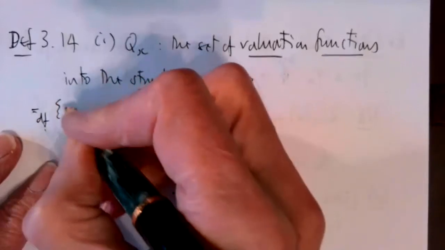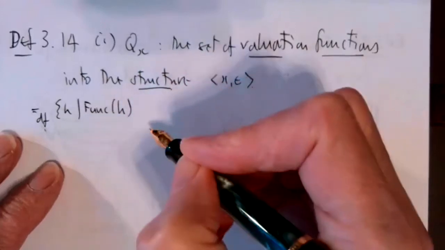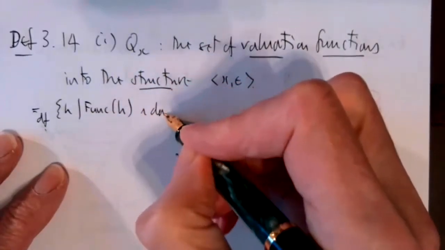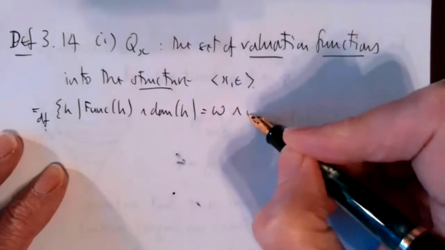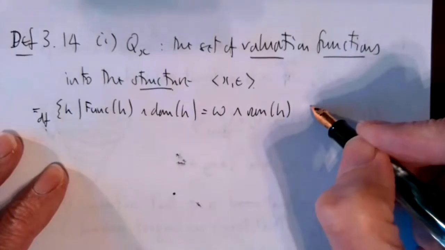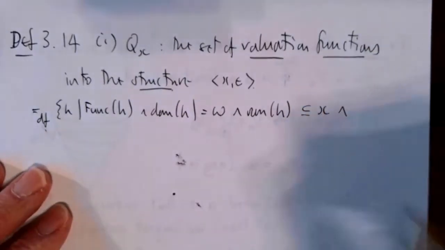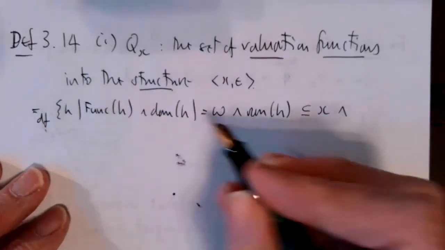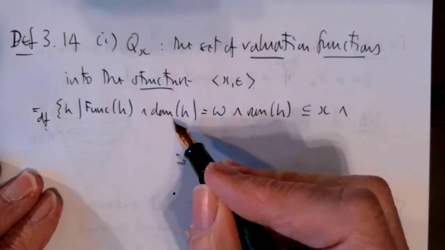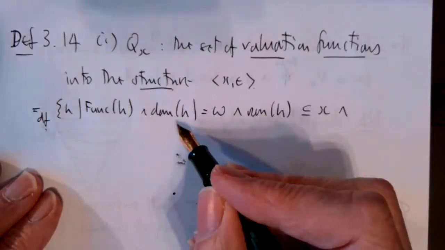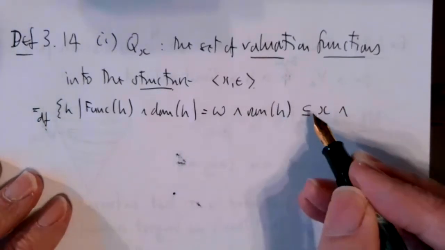It's defined to be the collection of functions H. The domain of H is actually omega, and the range of H is contained in X. And the idea is that although its domain is omega, really only a finite initial portion of H is relevant. From some point onwards, it'll just always return the same object in X.